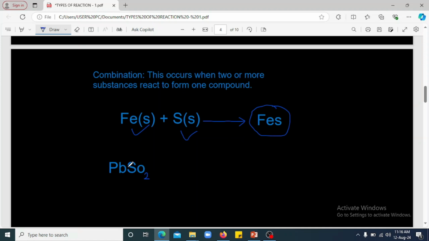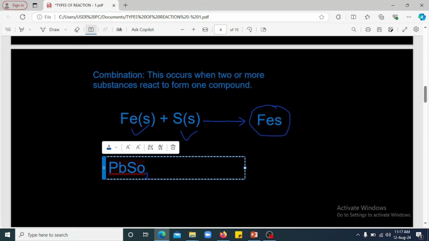This one also is in solid form. Lead sulfate. What is it reacting with? Okay, it's a compound plus SO2.